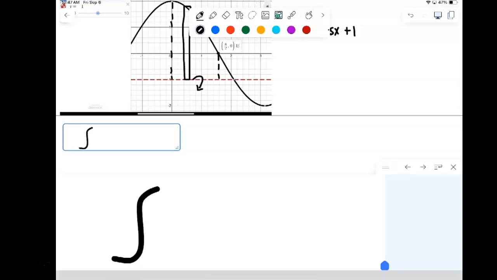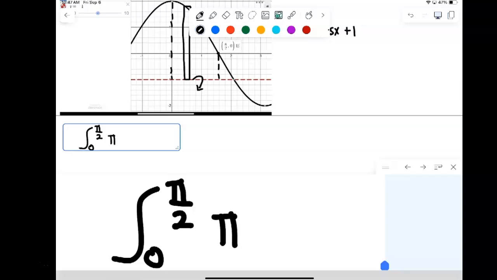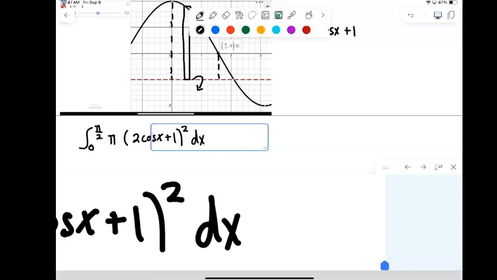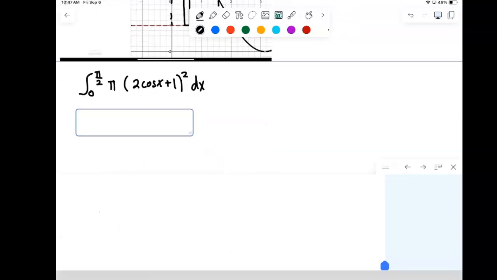So we would have the integral from 0 to pi over 2 of pi times the radius squared, 2 cosine x plus 1 quantity squared dx. All right, and then we need to work this integral out. Setting it up's easy, but working this integral out is going to take a bit of time.